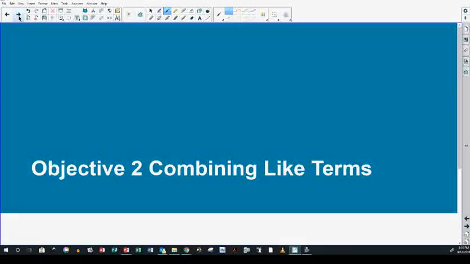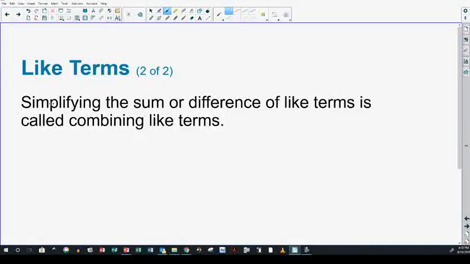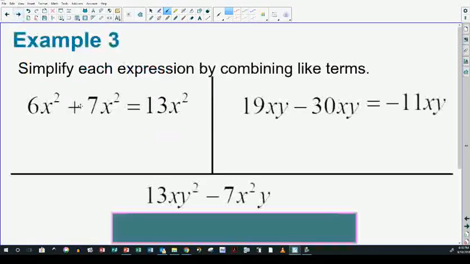So combining like terms. Simplifying the sum or difference of like terms is called combining like terms. This is a really popular thing for algebra. So we're going to simplify the expression by combining like terms. Since x squared and x squared are alike, all you have to do is look at the number in front.